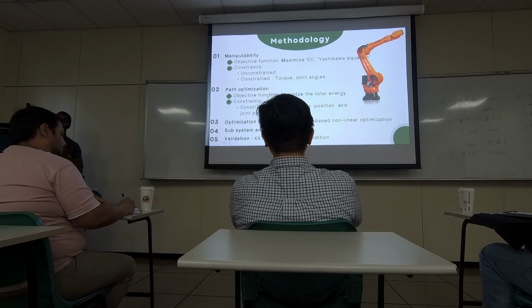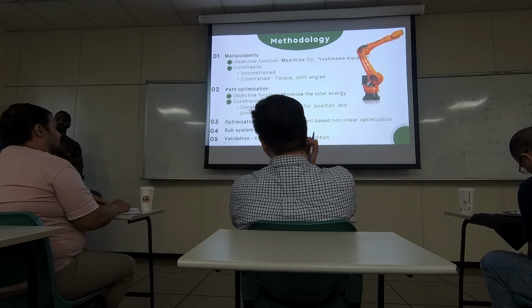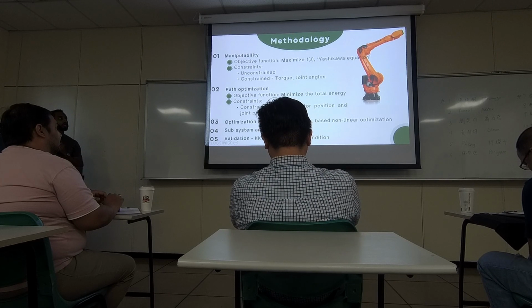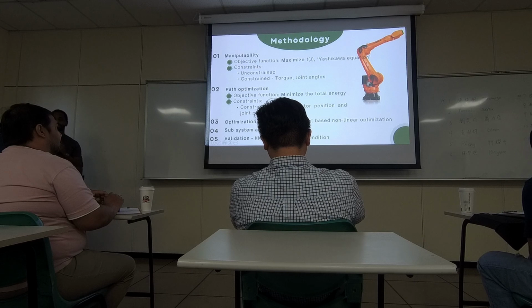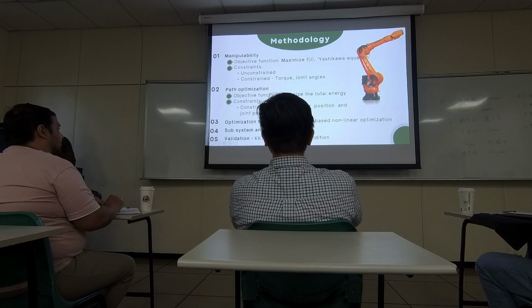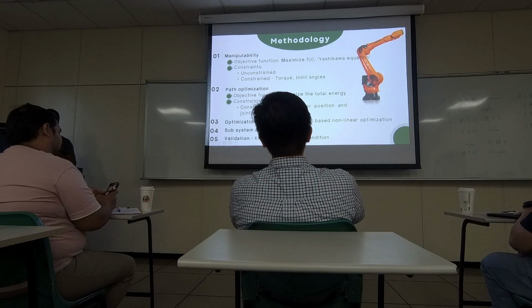We will maximize this objective function, and we will have separate constraints. First, we will perform the maximizing optimization by an unconstrained method, meaning the joint variables will have no constraints, and then separately we will perform a constrained optimization by constraining the torque and the joint angles.